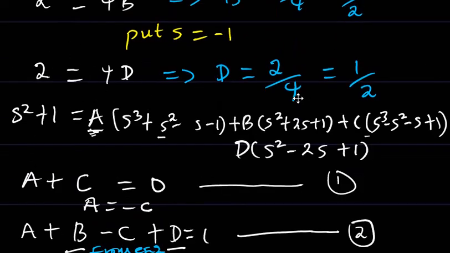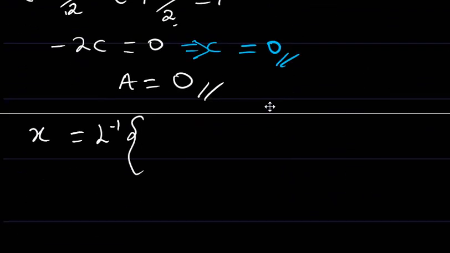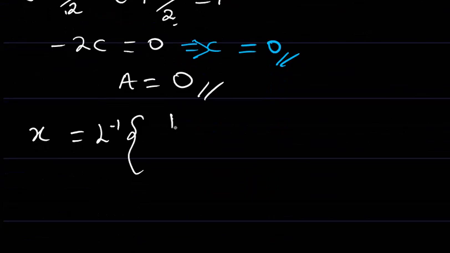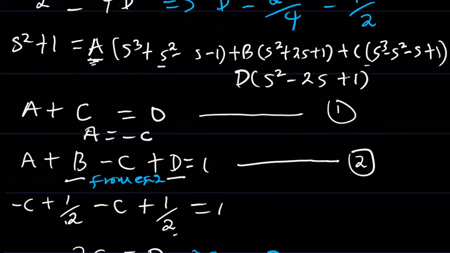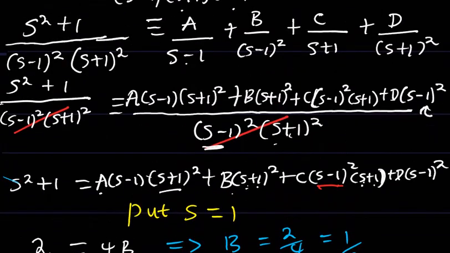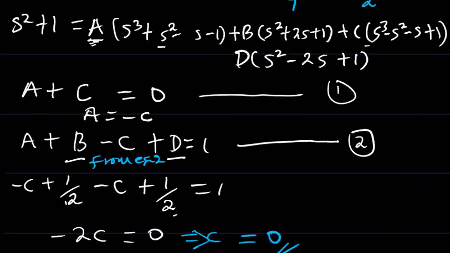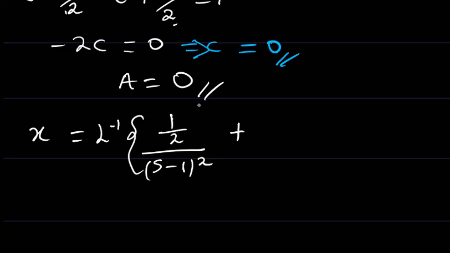B is 1 all over 2, so 1 over 2 divided by (s minus 1) square, then of course plus d all over (s plus 1) square.